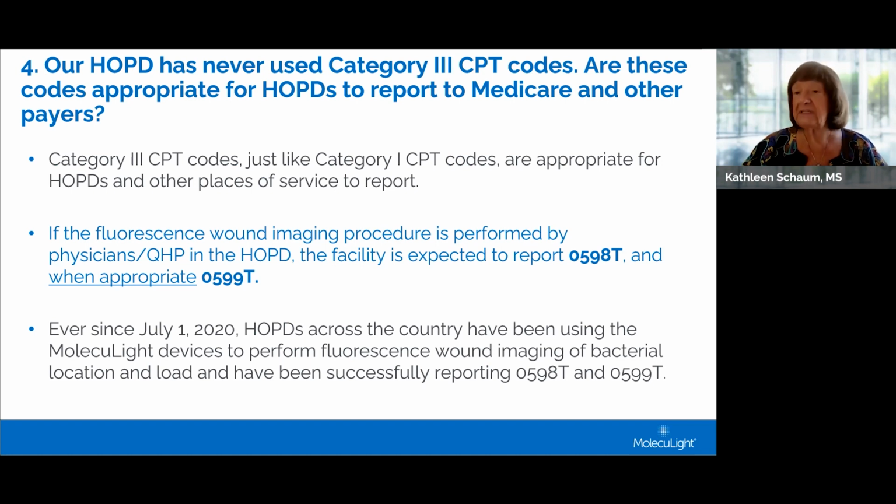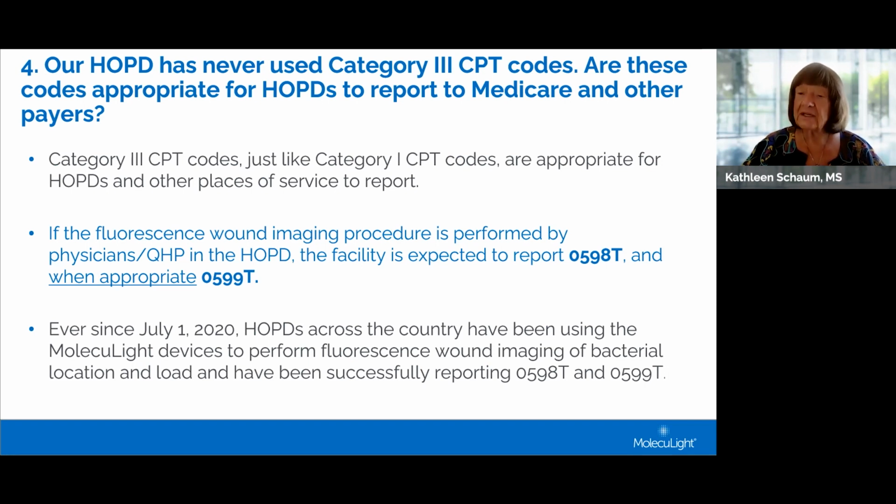Category 3 CPT codes, just like Category 1 CPT codes, are appropriate for HOPDs and other places of service to report. In fact, if medically indicated fluorescence wound imaging is performed by physicians or QHPs in the HOPD setting, the facility is expected to report 0598T and, when appropriate, 0599T.